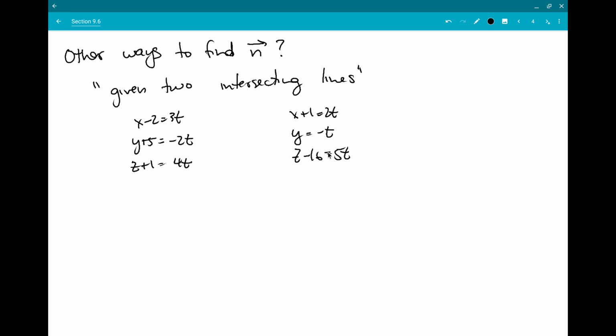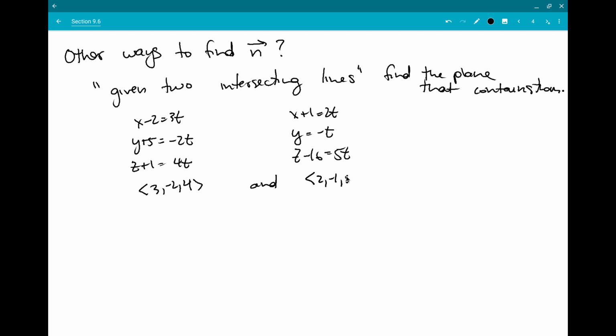So if we're given 2 intersecting lines and we want to find the plane that contains those lines, then this is going to come down to a cross product again, but we're going to know that this vector 3, -2, 4, that gives the direction of this line, and 2, -1, 5 are in the plane.